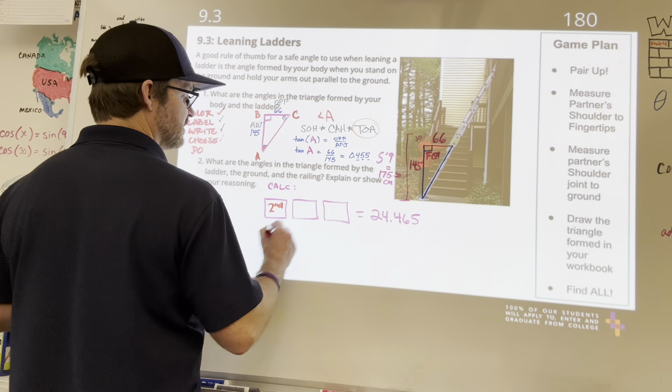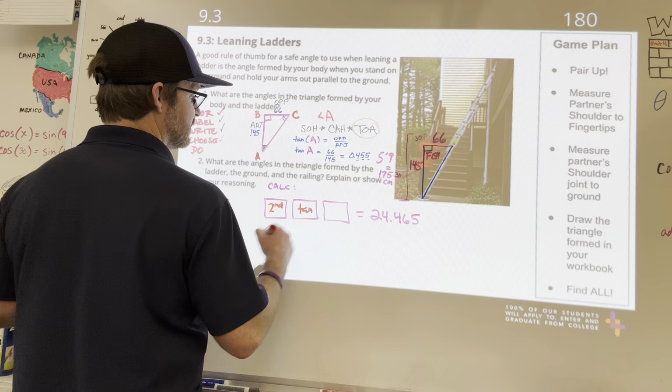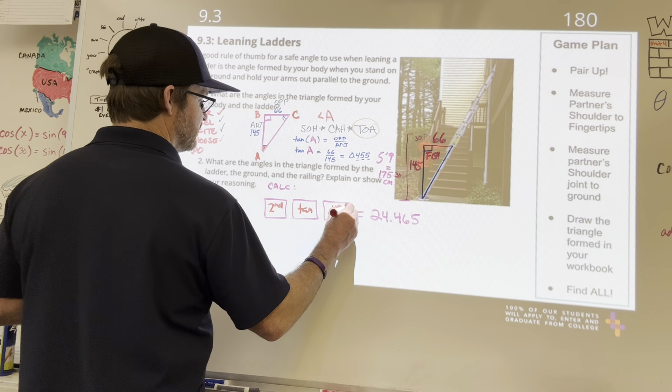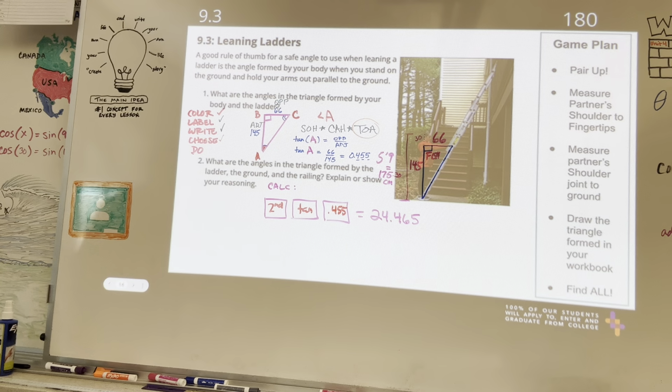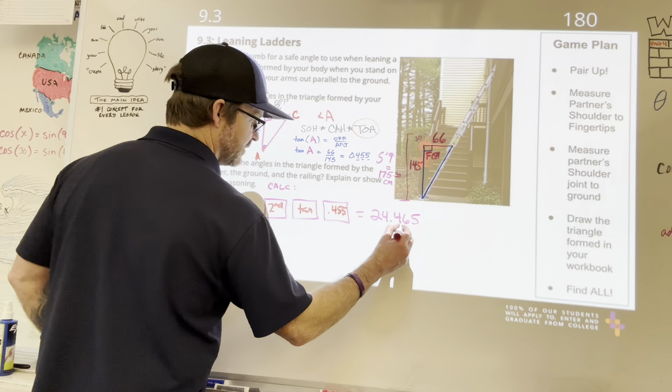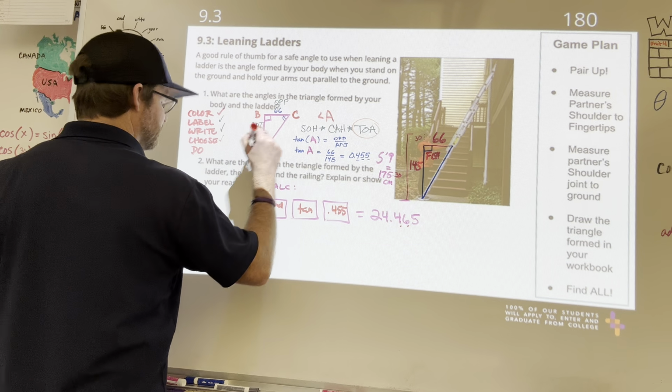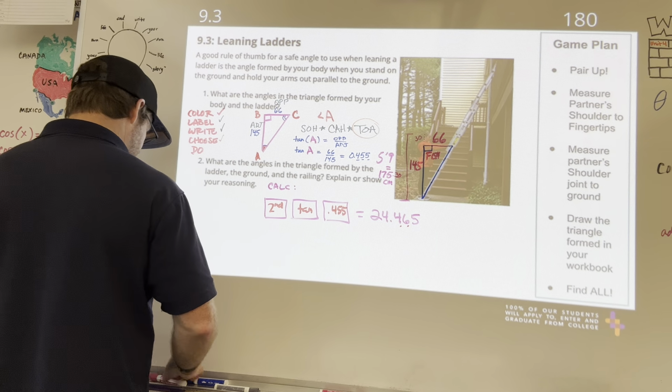So second tan 0.455 equals, and that's 24.46. Okay, so then what do you round this to? 24. Yeah, so this will end up being 24.